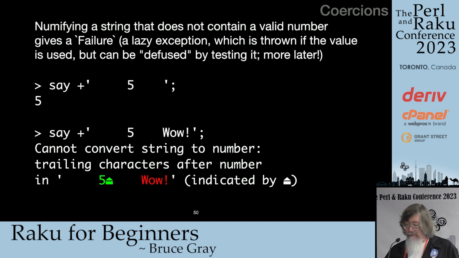It's a failure, which is a lazy exception. So it generates an exception but doesn't throw it until you try to use the value, which is often immediately, so you can't tell the difference. But it is convenient sometimes to not have it throw until it tries to be used.